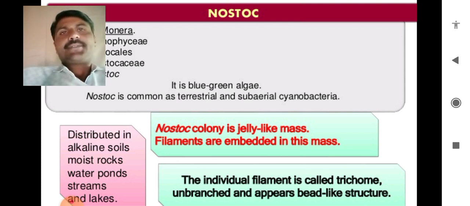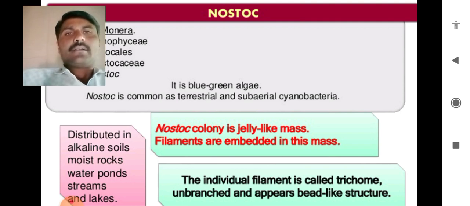All the filaments of this Nostoc, which are thread-like, are coiled and embedded to form the mass.